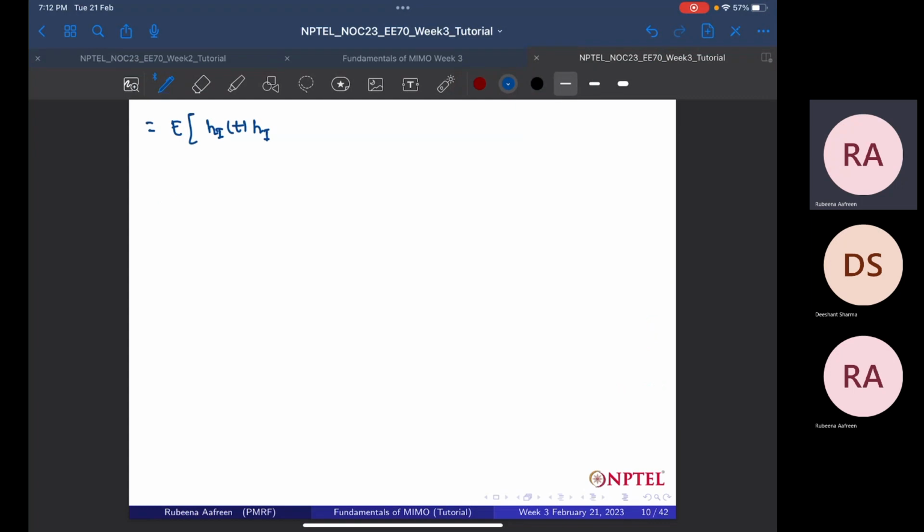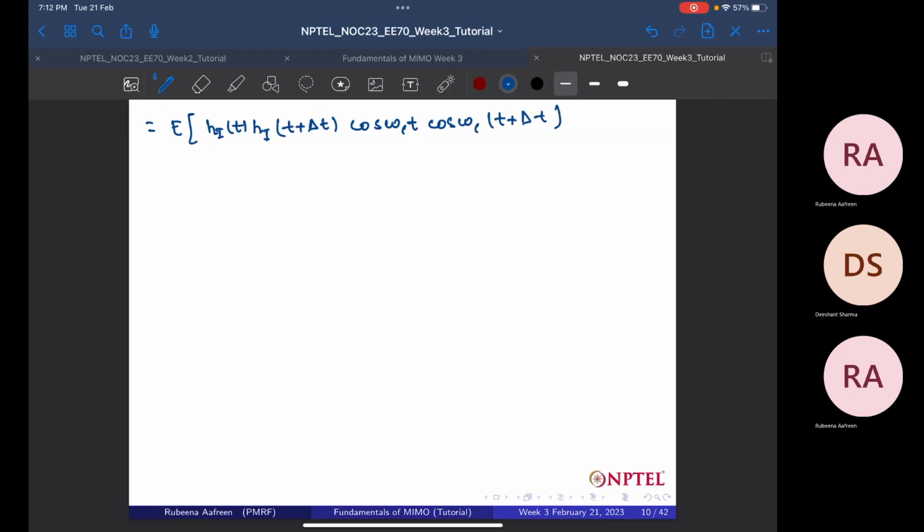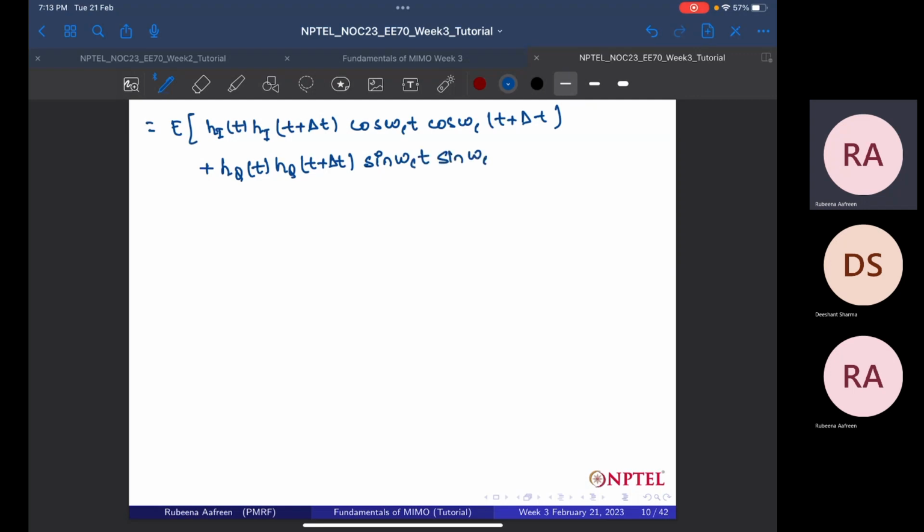So this will come as hI(t) into hI(t plus delta t) cos omega c t into cos of omega c (t plus delta t), right? Then plus hQ(t) hQ(t plus delta t) sin omega c t sin omega c (t plus delta t).